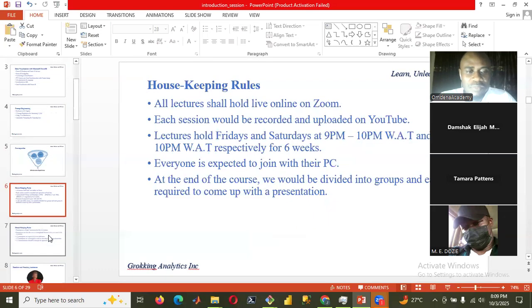So, our housekeeping rules, we have to abide by this rule to help us to be well organized. The first one is that all lectures we hold live on Zoom. We would have used Google Meet, but the free version of Google Meet cannot take us.